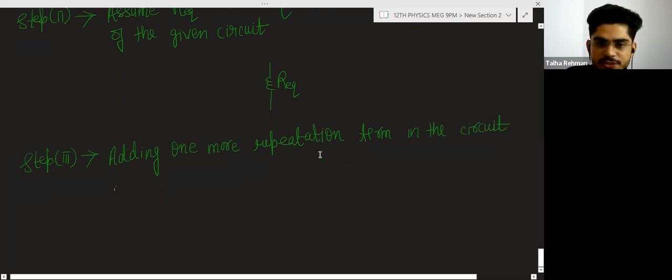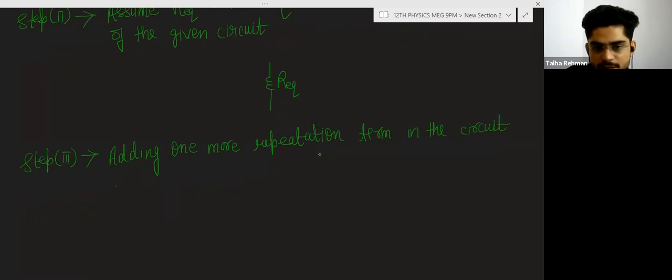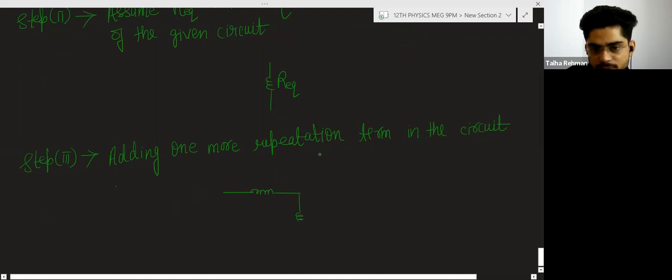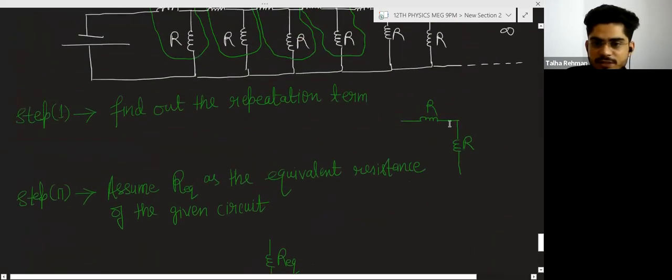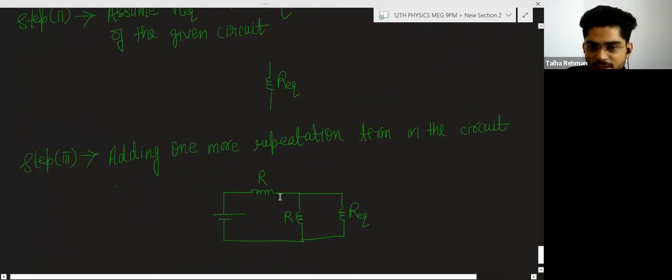You will add one more repetition term like this. This is the battery. You will connect it with the equivalent resistance. You have seen this is the repetition term, and you have connected this repetition term with this R equivalent.